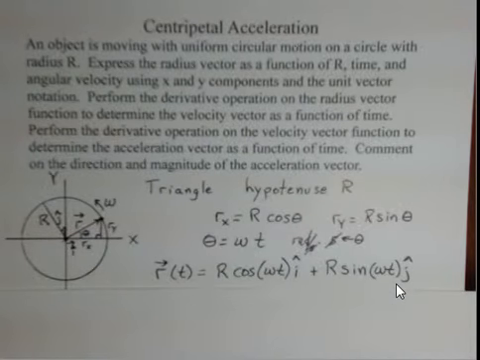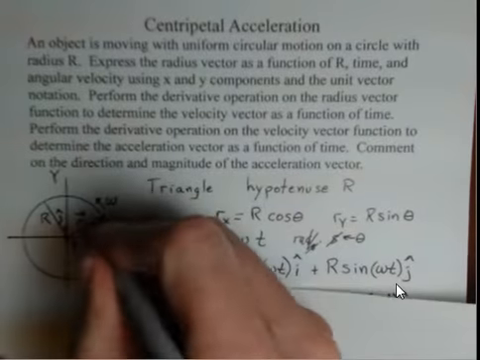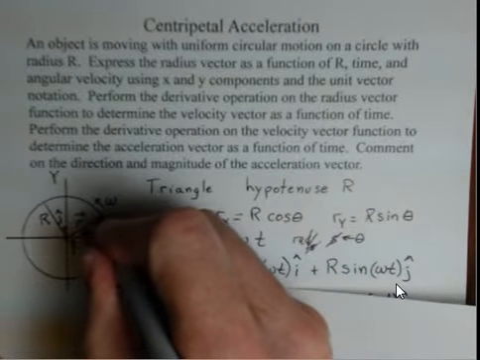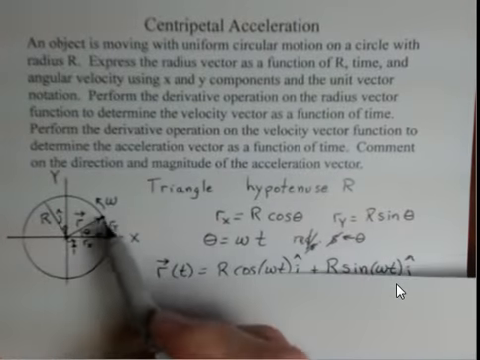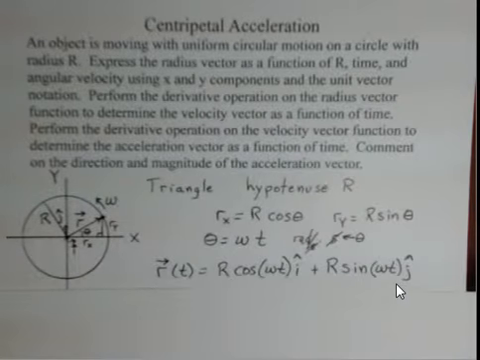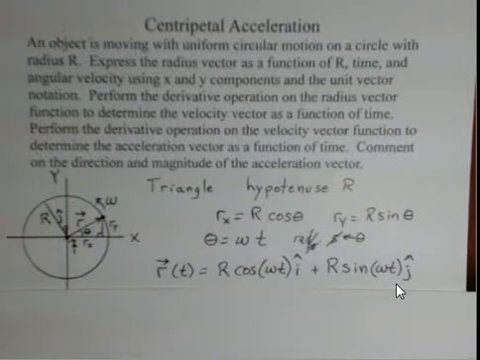We have an object that's at this location on our circle right here, and it's moving counterclockwise, the standard direction for positive angle, this omega, and it's on a triangle.